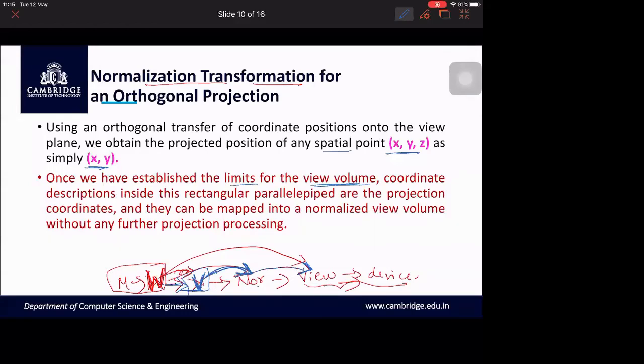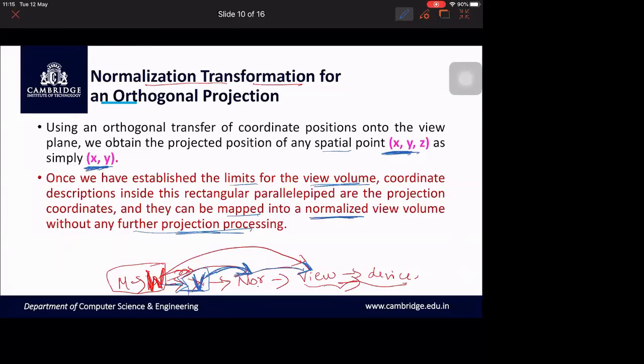Correct. Now we have to map this to the normalized view volume without any further projection processing. I am not doing any point projection processing here, because whatever is there in the world coordinate, x and y will simply be the same in the view coordinate.